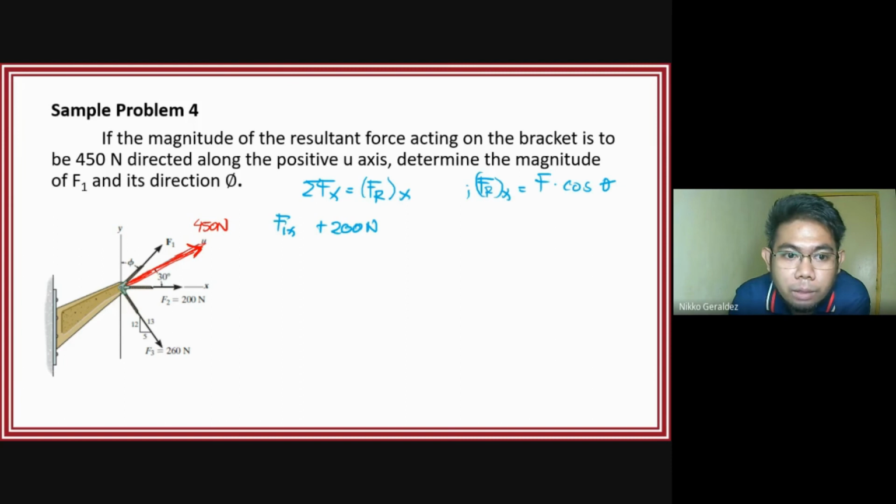Then F3, quadrant 3, so that is positive 260 newton times, small slope triangle. So x component, so that is 5 over 30. So equal to, resultant force x component, so that is 450 newton times cosine, the angle is 30 degrees. So what is F1x?